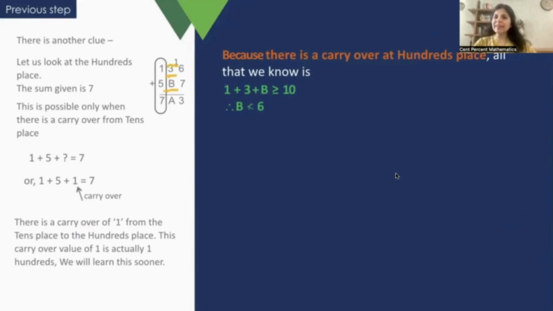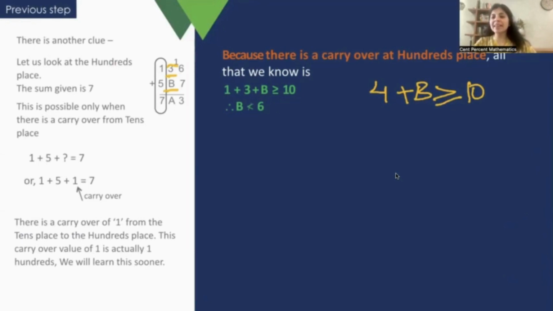Why? Because only then we'll have a carryover at the hundreds place. So what does this mean? That 4 plus B should always be greater than or equal to 10. Only then there can be a carryover. That means B is a number which is always greater than or equal to 6.